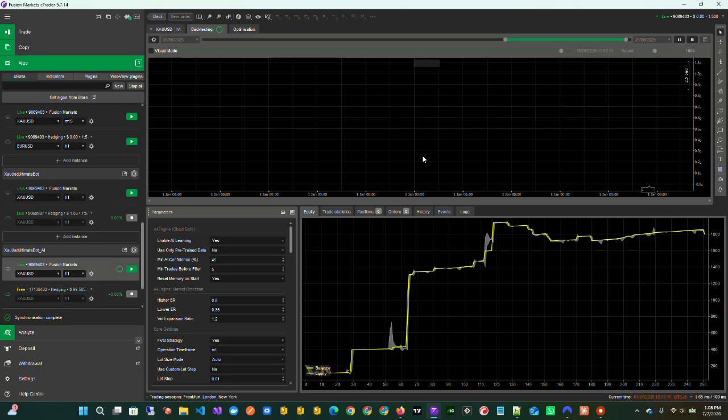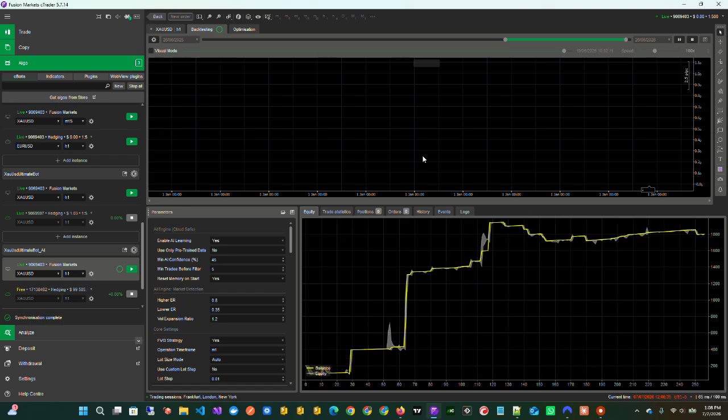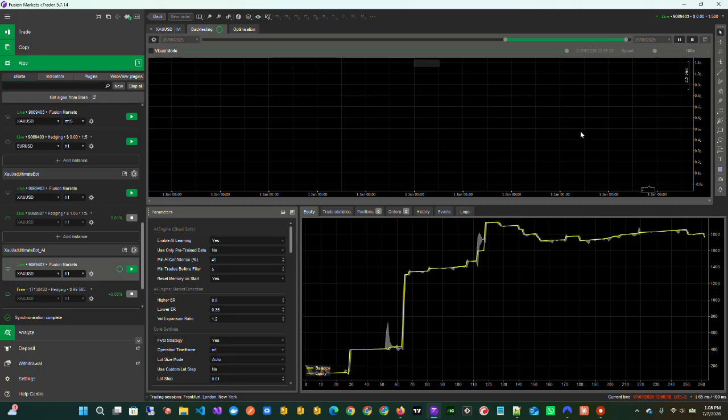Performance might be better than this one, or it might be a little bit lower than what you're seeing right now. So trade cautiously, risk only the amount you know you can afford to lose, and don't risk way beyond how much you can afford to lose. That being said, I think we're done. Once it's done, we'll go through the statistics real quick before I end this video.